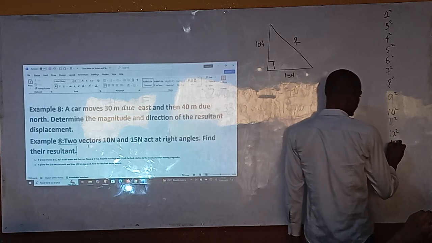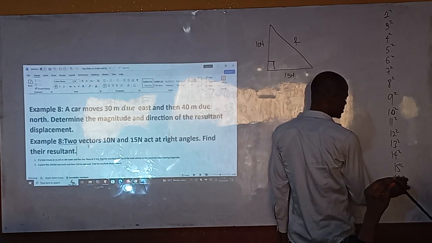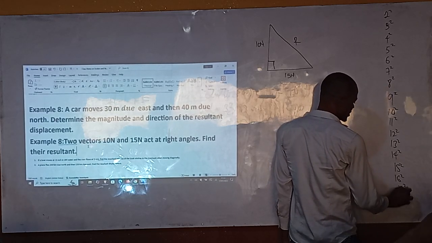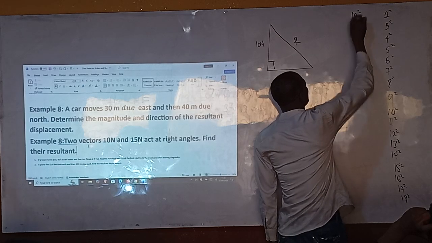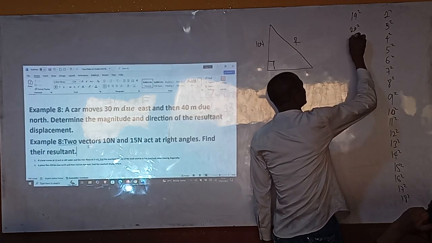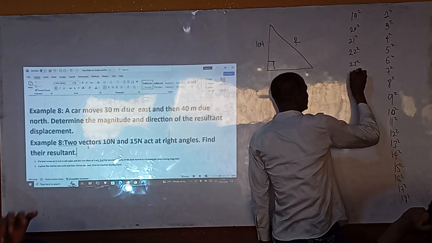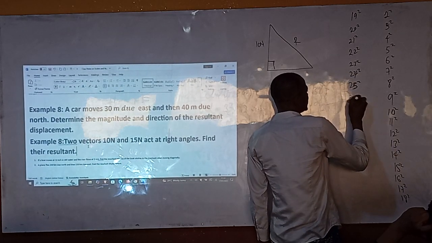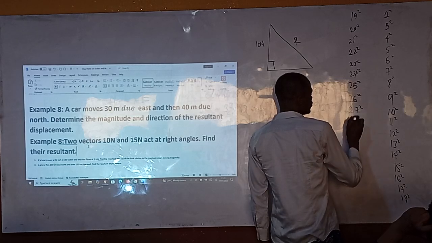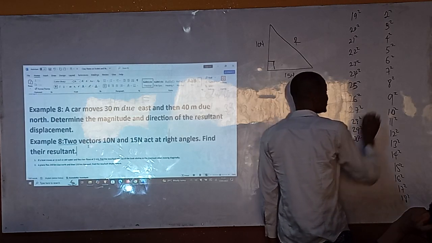11 squared, 12 squared, 13 squared, up to 30 squared.